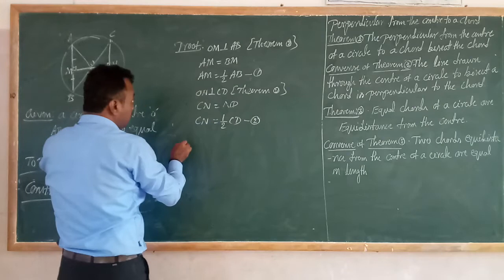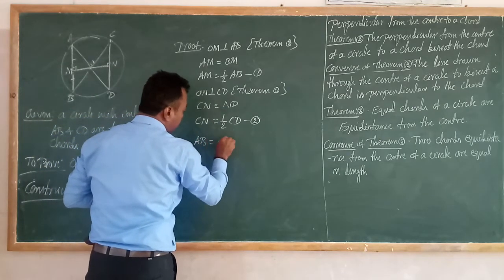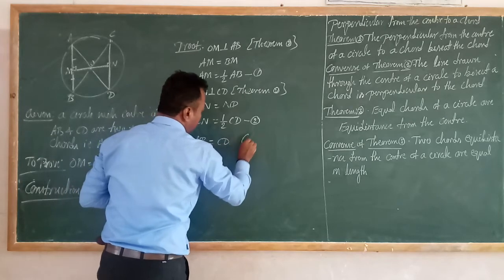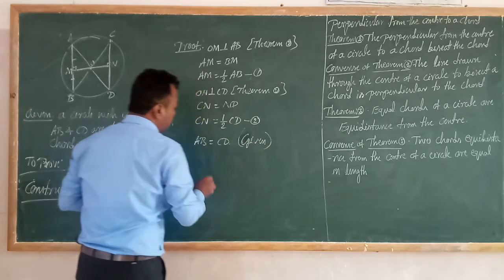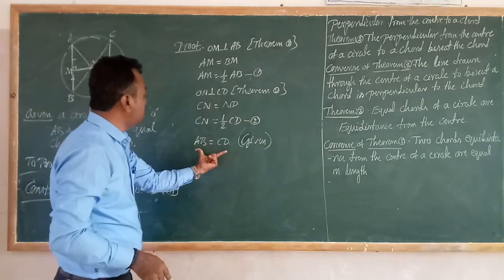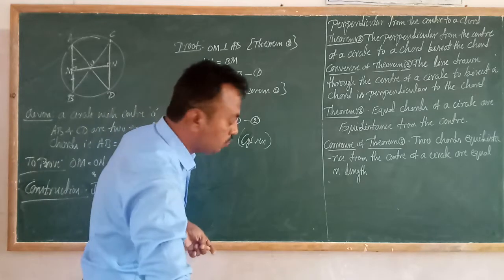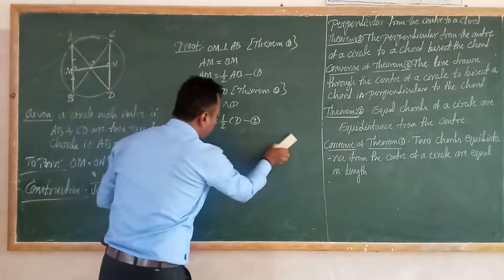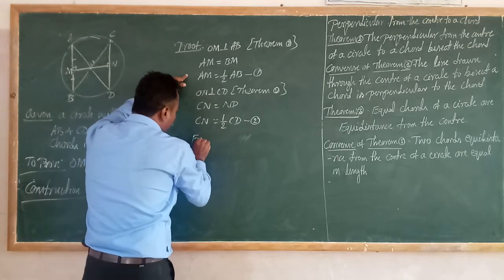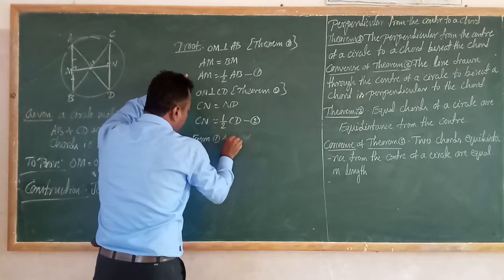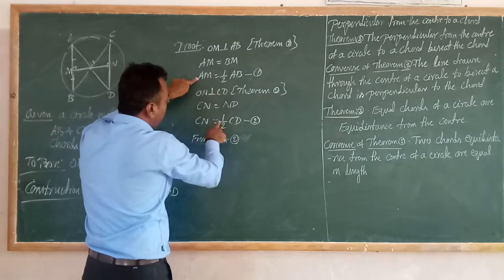Now students, see, AB is equal to CD because of given. I will write on the given. Okay, in that AB is equal to CD. See, from 1 and 2 I have to consider it. From 1 and 2, see, half of the AB and half of the CD.